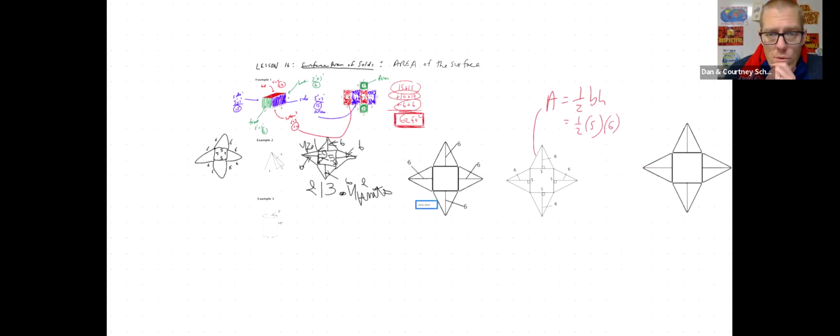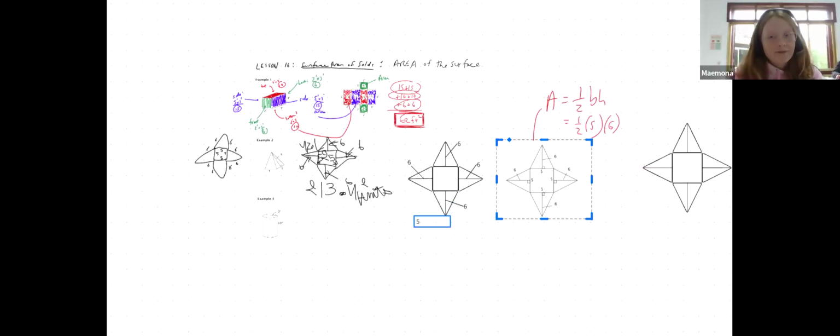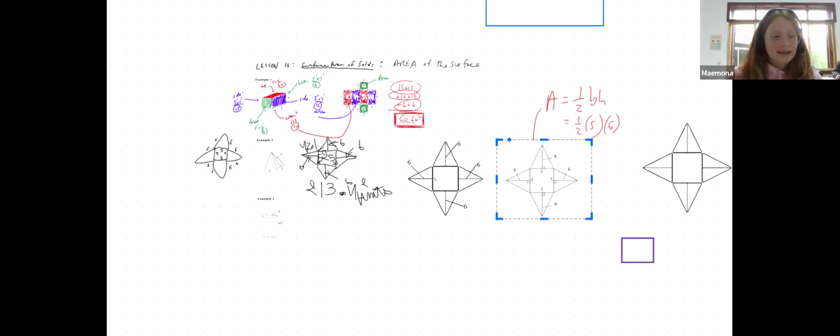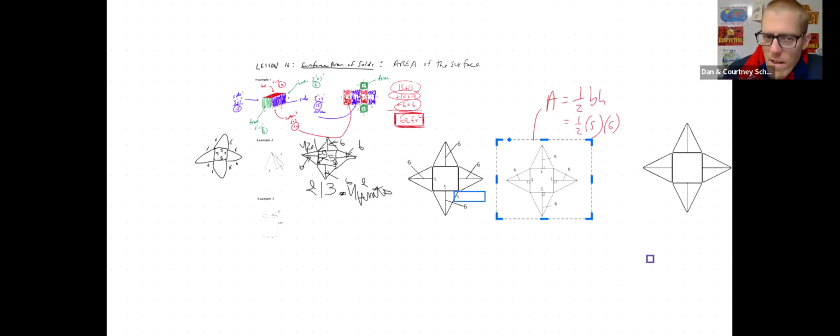So Maimona said that every one of those triangles has an area of what, Maimona? I don't know why it gave me 47. Wait, maybe it didn't. Did you use a calculator, Maimona?